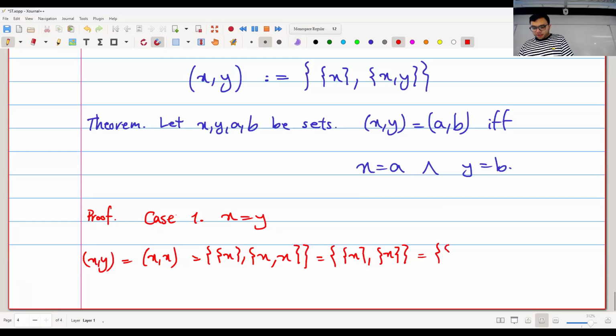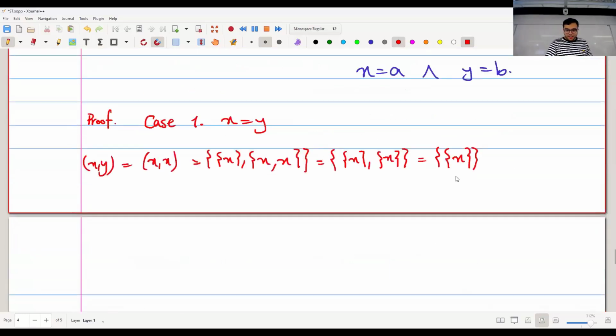So this is just what it is. If you just follow the definitions, the pair XX is this weird thing. It's a set that has only one element, and that element is a set that has only one element, and that element is X.